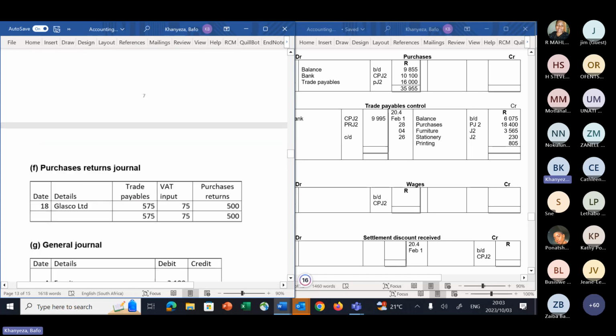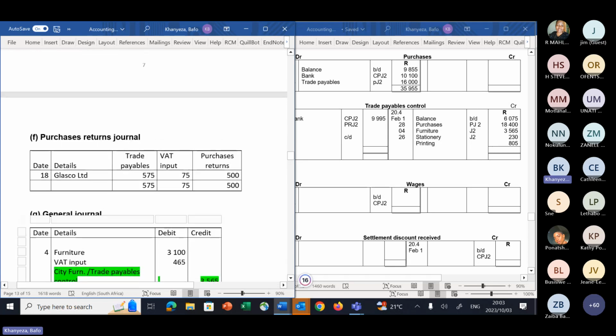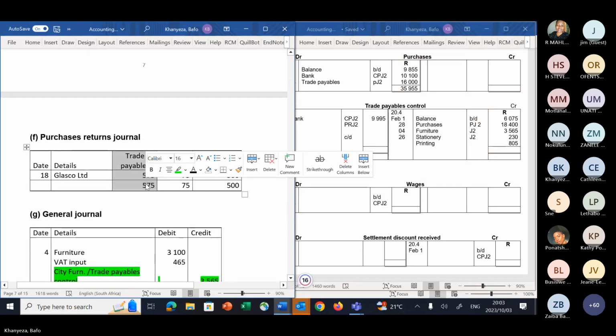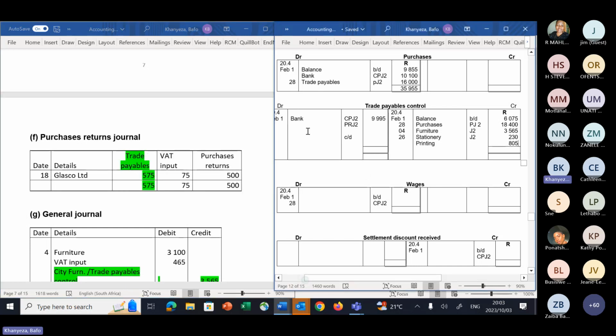These were sales returns. So we're gonna have purchases returns, which is 575.